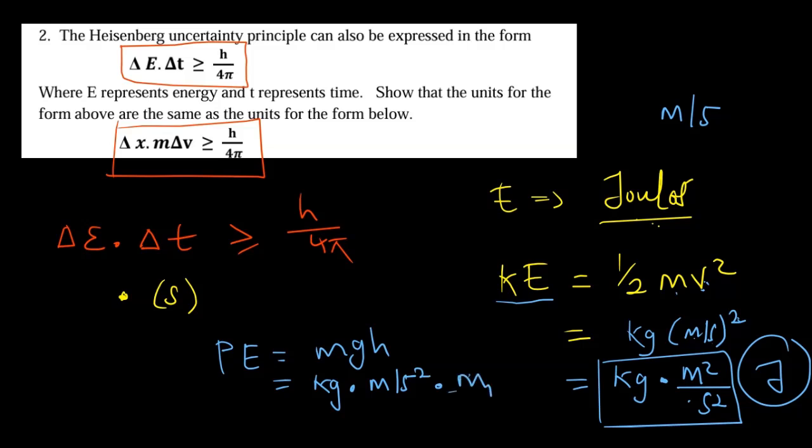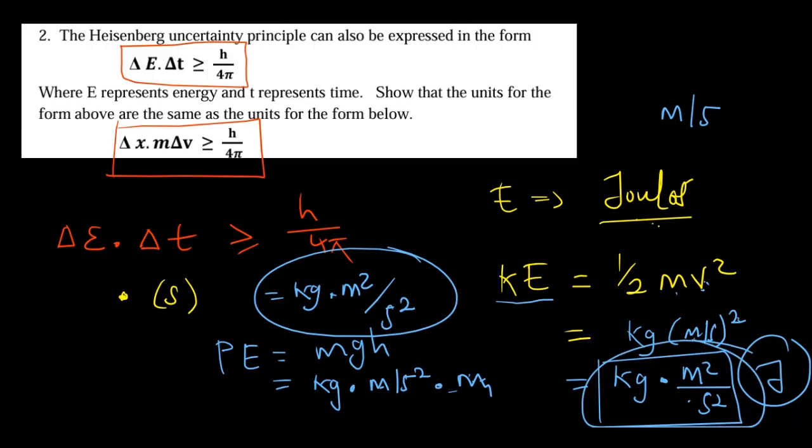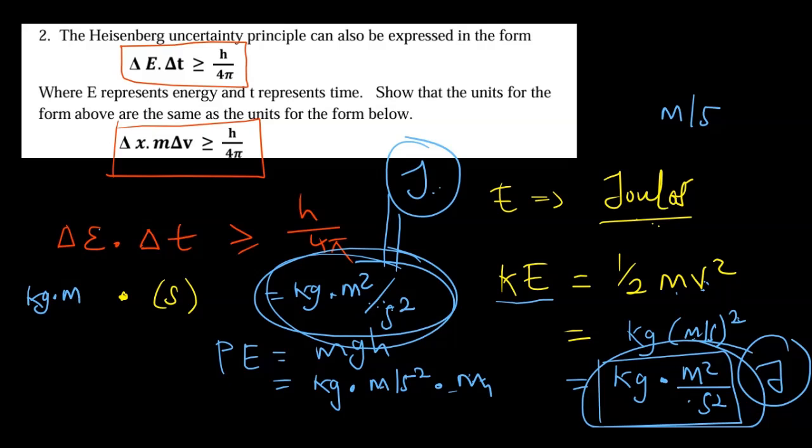If I multiply this, I'm going to have kg, this m will multiply with this m so it will be m squared, and then I still have the s squared down there. You can see these units are the same. These are the units for the joule. So energy is measured in joules, which is the same as this. So I'm going to put here kg m squared divided by s squared.